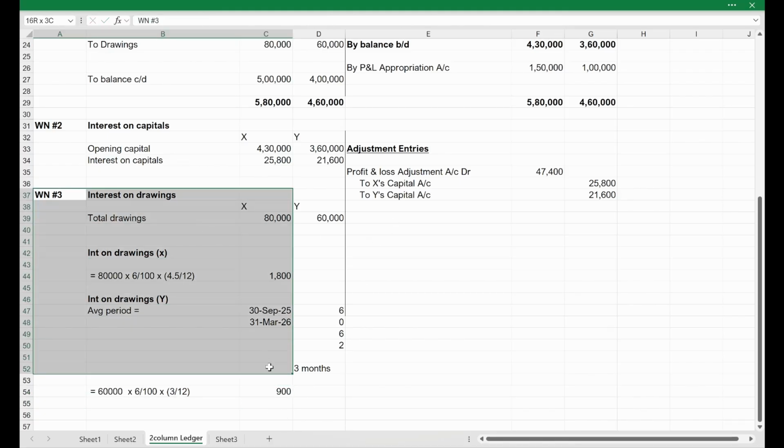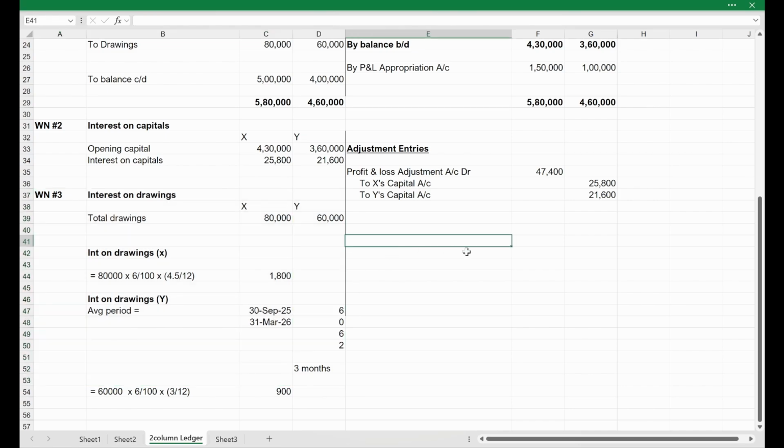Now that we have computed interest on drawings, let us substitute this and write the actual adjustment entries. Here partners are not given money, money is taken from them, because this is interest on drawings, we are charging money from them. So X capital debit, Y capital debit to profit and loss adjustment account.